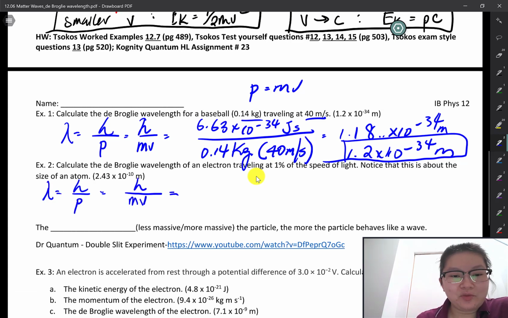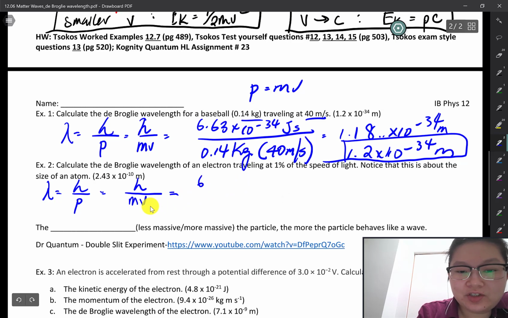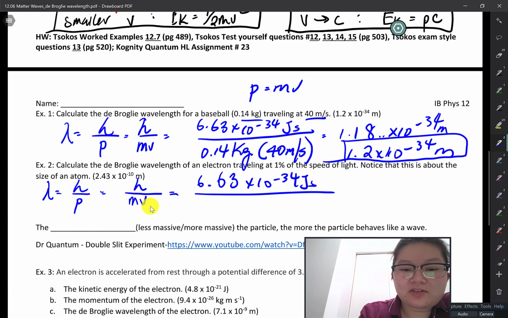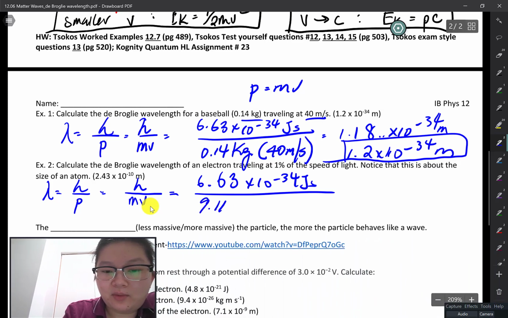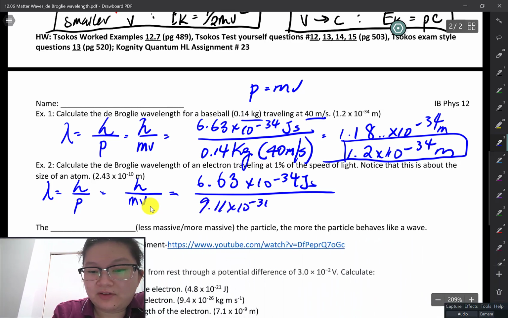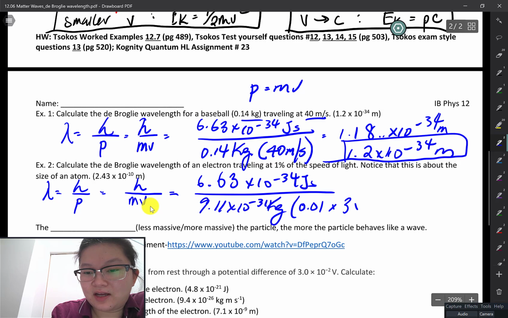So again, we have the de Broglie wavelength, which is h over mv, in which h is your Planck's constant. And the mass of an electron is also in your data booklet, 9.11 times 10 to the power of negative 31 kilograms. And the speed is 0.01 times 3 times 10 to the power of 8 meters per second for the speed of light.